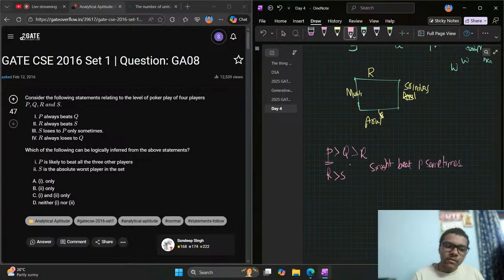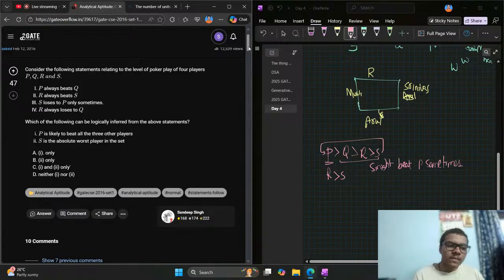R always loses to Q, so Q is always greater than R. And R always beats S, so R is always greater than S. But sometimes S loses to P only sometimes. Oh, whatever. P is likely to beat all three other players. Yes, P is likely to beat all other three players. S is the absolute worst player in the set. If he is absolutely worst, sometimes he beats the best player. So statement 1 only.